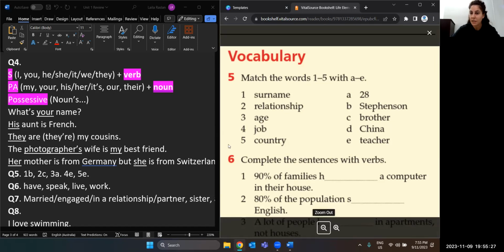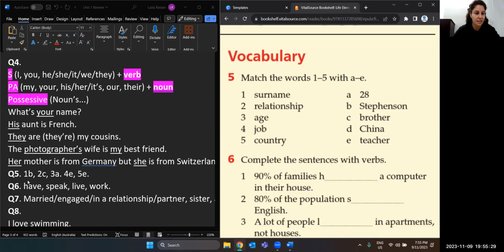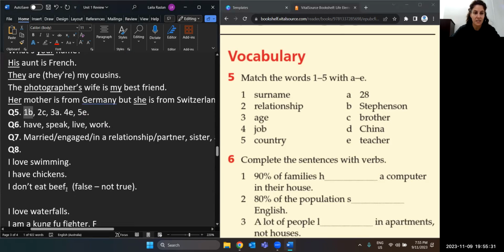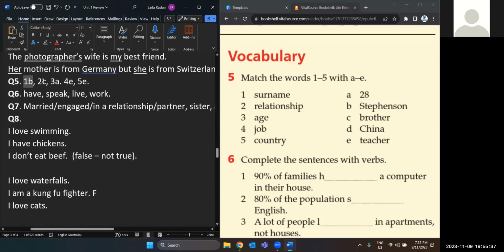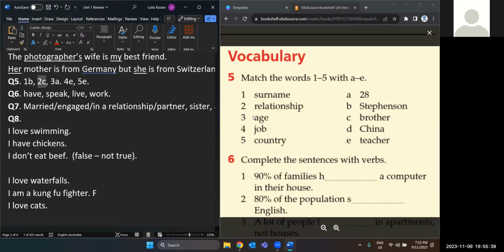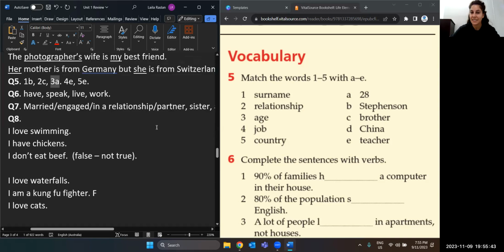Which one would be, yeah, Stevenson. So Stevenson is a surname. What's a relationship? What word? Brother. Age? 28. Job? Teacher. And country? China.